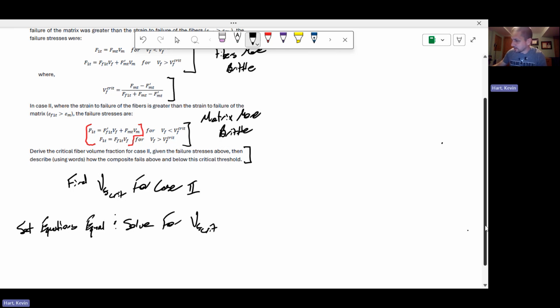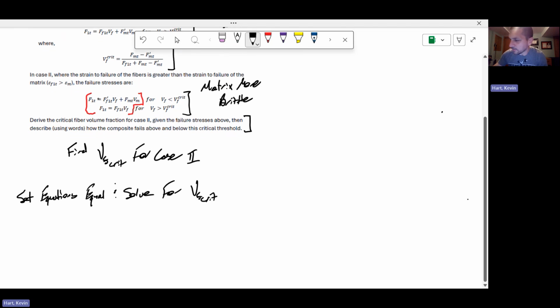Okay. So let's do that. Let's call this equation number 1 and this equation number 2. And so let's just go at it. I'm going to look at the right-hand sides of both equations and set them equal to each other.